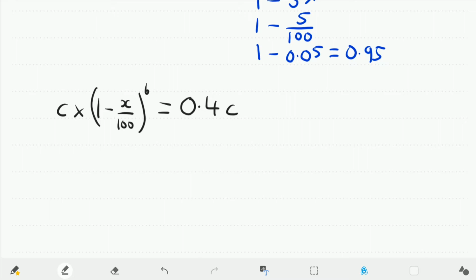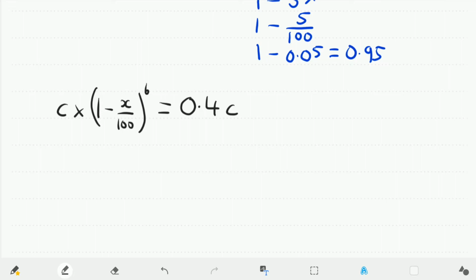All right, this is very important to know. Now 40% is the same as 0.4, because the price has decreased from 100% by 60%, which means that we are now at 40%. So the car value multiplied by however much this is will be equal to 40% of the original price.